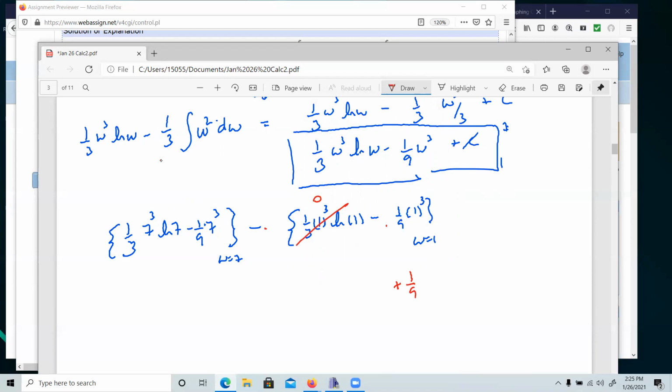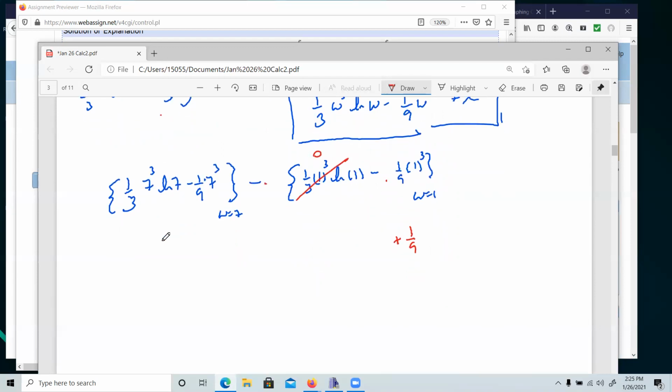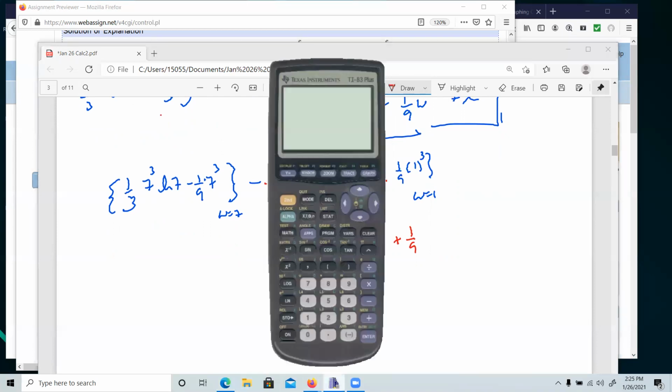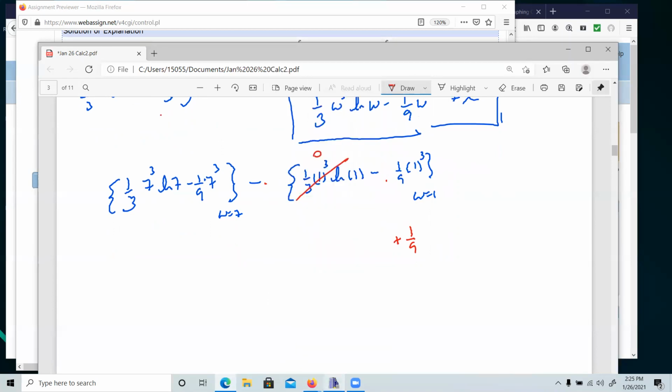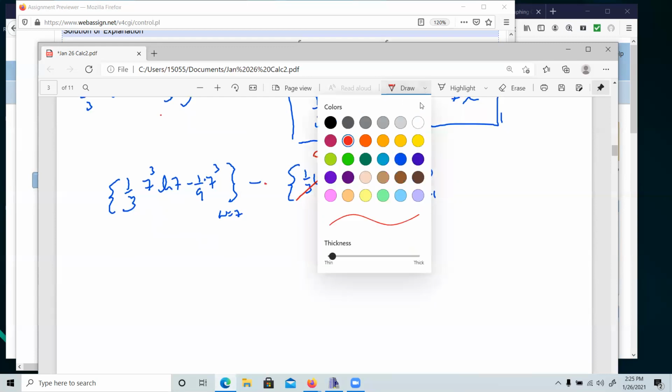All right. And now we have a little bit more arithmetic to work on. There's 7 cubed. What the heck is 7 cubed? 49 times 7? 343. Oh, excuse me. I'm so sorry. I'm going to be yawning my way through your lesson here.